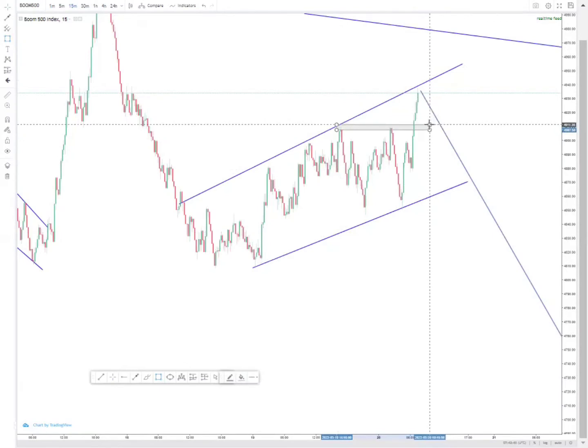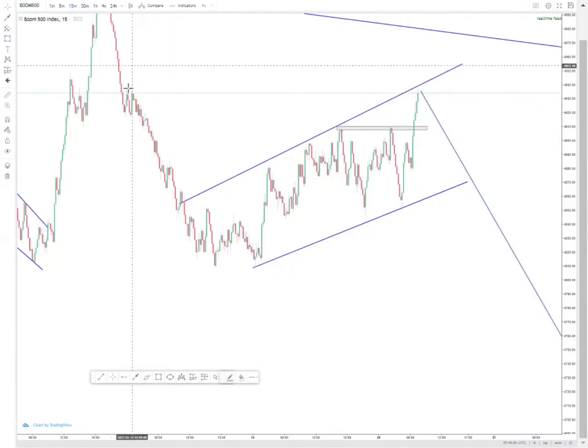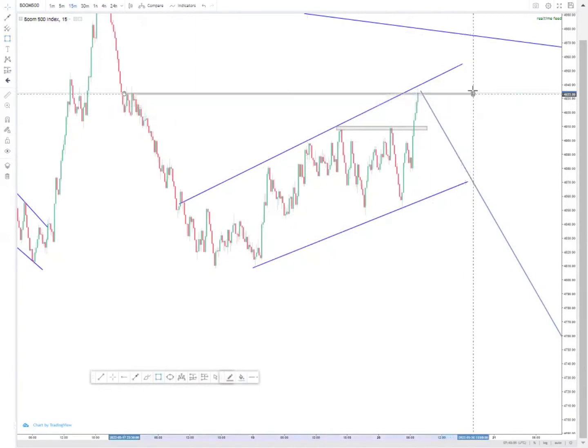The reason why I closed this trade is because of this level here. We were having something here, so I said to myself, I don't have to be greedy.